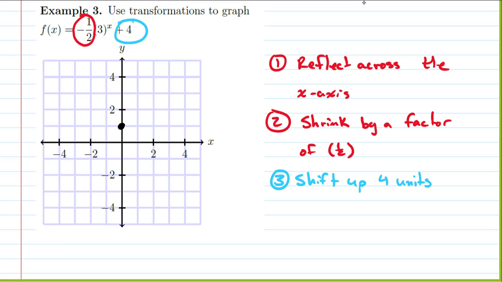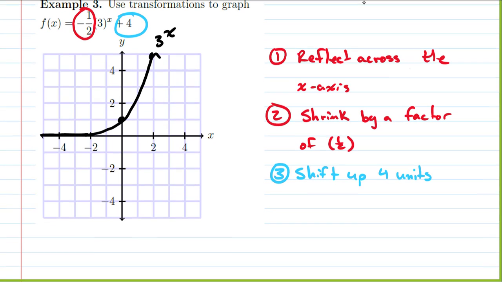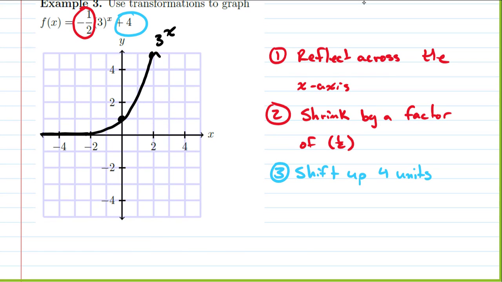So if we start with our generic parent function, that's 3 to the x, first thing we need to do is reflect and then shrink. So if we reflect from positive 1 to negative 1, but then shrink by a factor of 1/2, it's going to be negative 1/2.